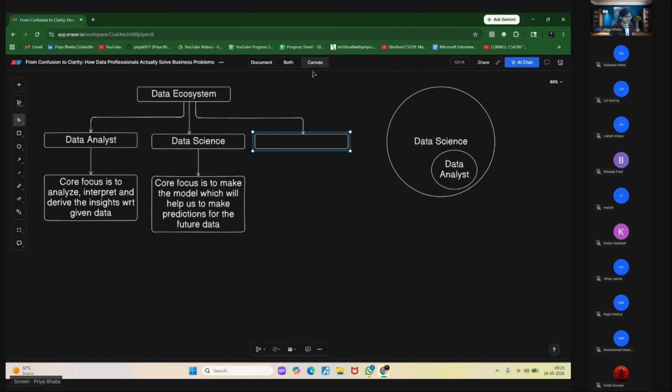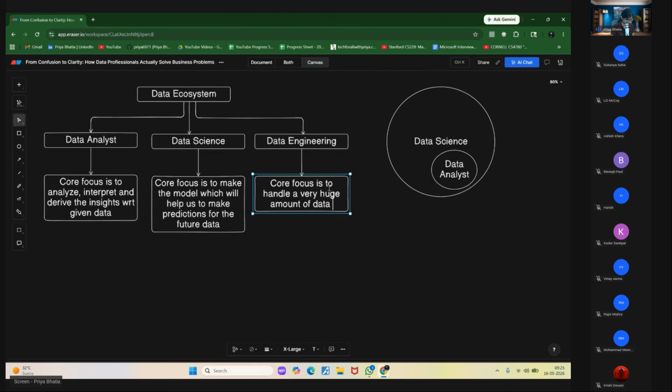Next part. Next job role that we have is with respect to data engineering. Now, in data engineering, the core focus is to handle a very huge amount of data, and we will create an end to end pipeline for the given data set.